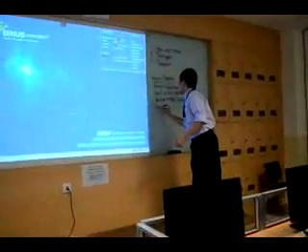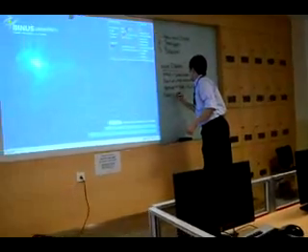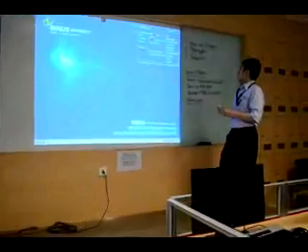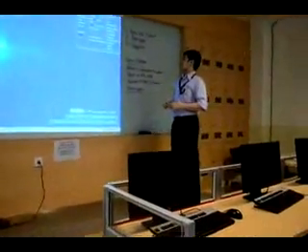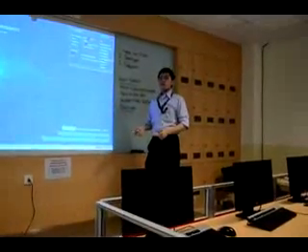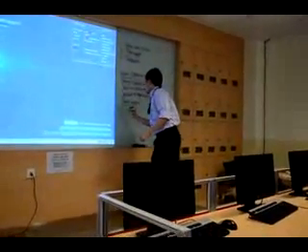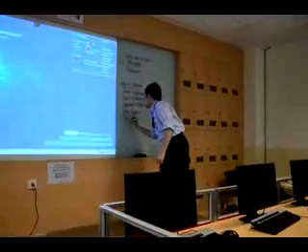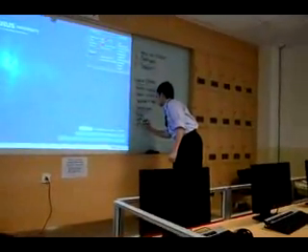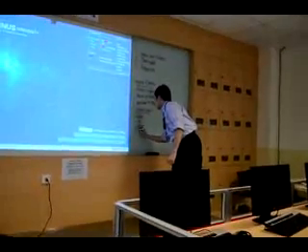There are four major data types that we use in our programming. In C, we have char, we have integer, we have float, we have double.